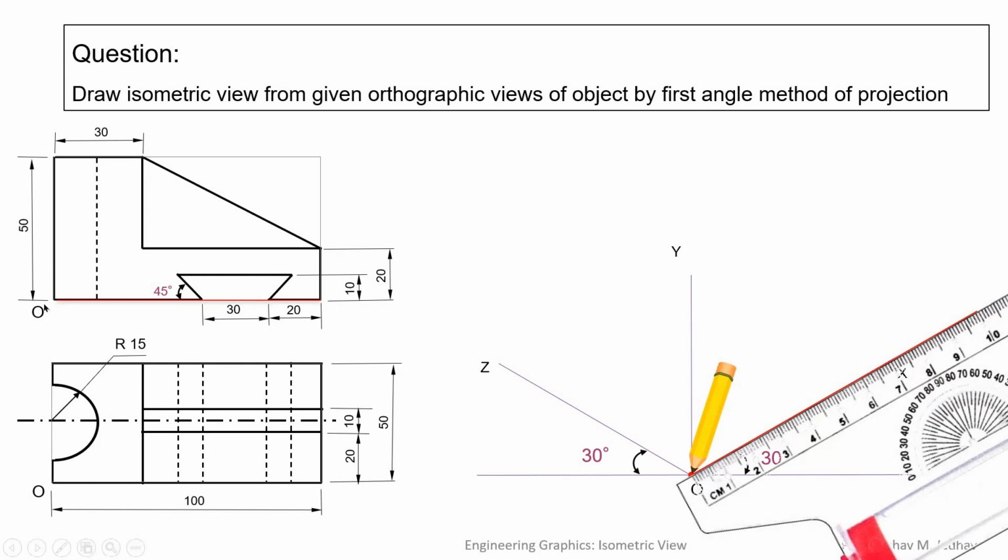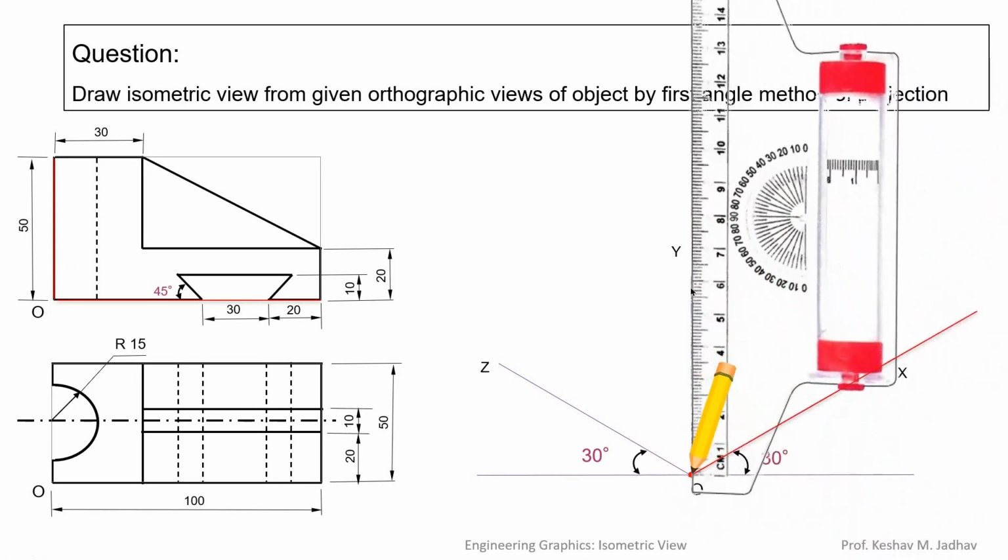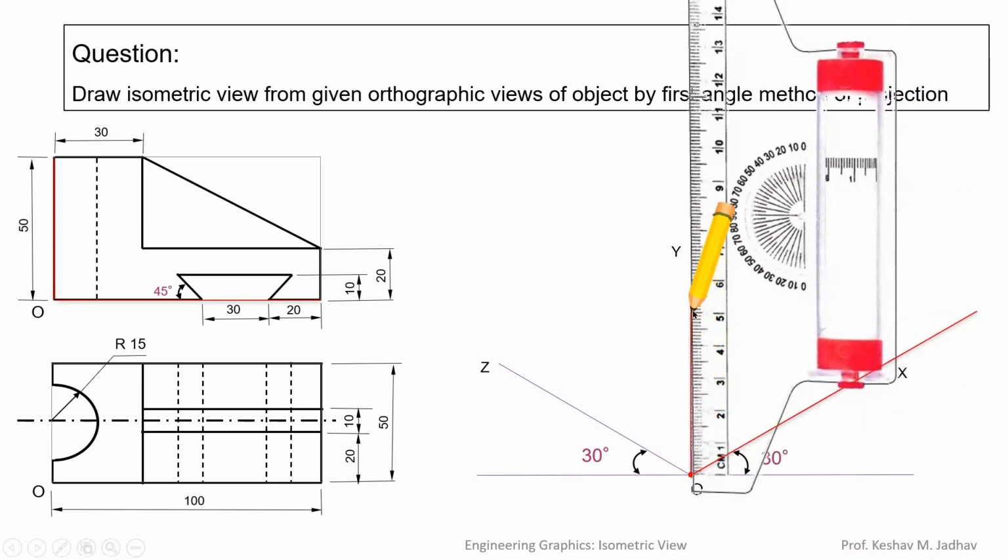Now from the O point in vertical direction there is 50 mm. So we can take this 50 mm along the y-axis. We can measure 50 mm along the y-axis and draw a line. Now the third dimension is along the z-axis. If you look at the object from the top direction, then from O to the right side it is a 100 mm length line.